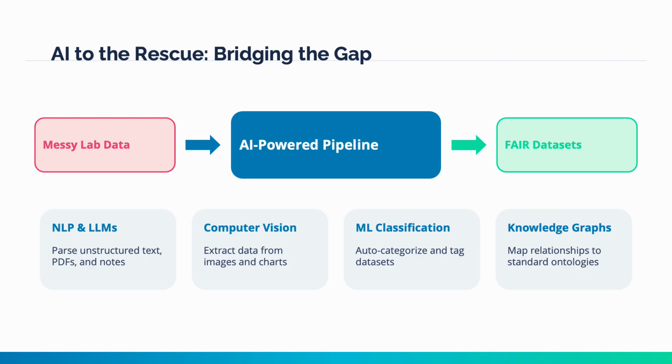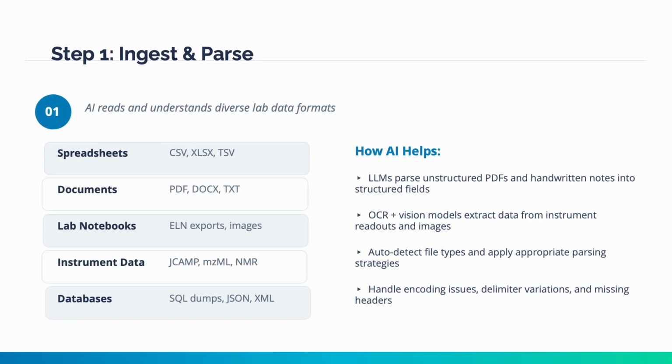Natural language processing and large language models can parse unstructured text, documents, and notes. Computer vision can extract data from images and instrument readouts. Machine learning classification can automatically categorize and tag datasets. And knowledge graphs can map relationships in your data to standard ontologies.